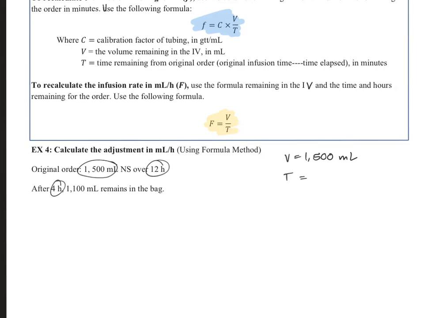So to find out the time now, 12 hours minus 4 hours is going to be 8 hours. All right, so my time is going to be 8 hours. We have all of the information we need for the formula. So we're using F equals V over T.